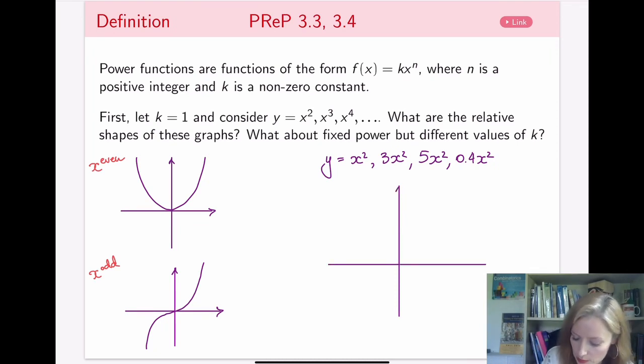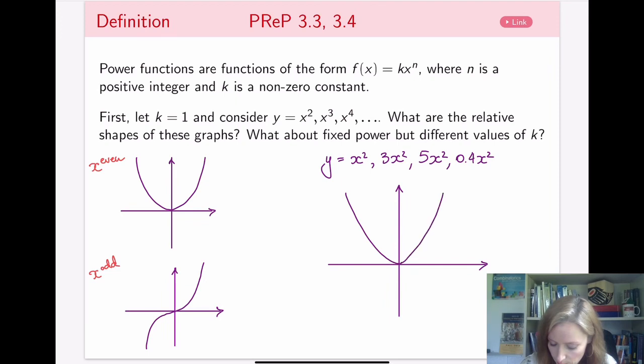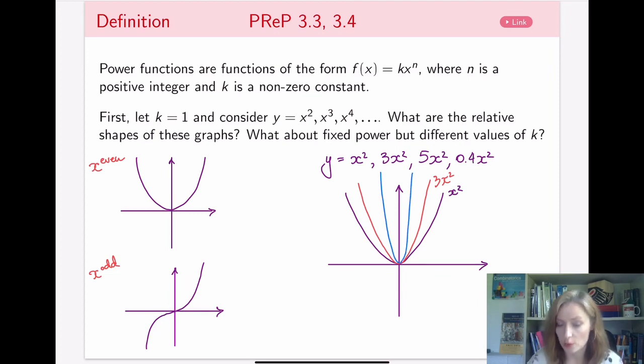And what we've noticed was that if I start off with y equals x squared, again, let's just pretend that my drawing is actually a perfectly symmetric parabola. Then 3x squared is going to be a skinnier, taller version of the same parabola. 5x squared is going to be narrower and taller still. Whereas 0.4x squared, because the coefficient is less than 1, is going to be below my x squared parabola, right?